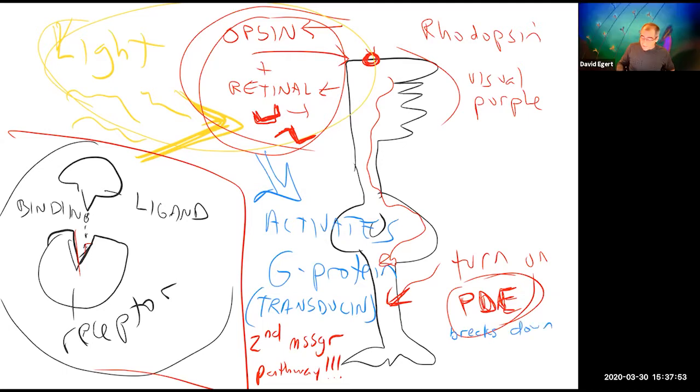So this is going to break down the cyclic GMP, and that cyclic GMP was part of the pathway that was holding the sodium channels open down here. So we're going to close the sodium channels. And what is going to happen to the membrane potential when we close sodium channels?